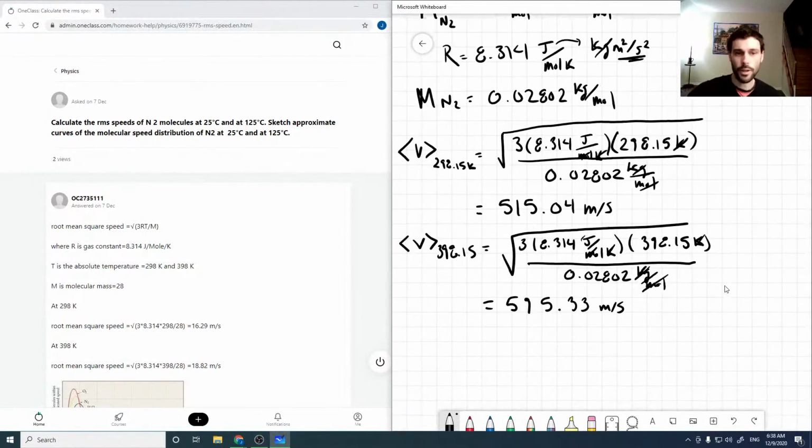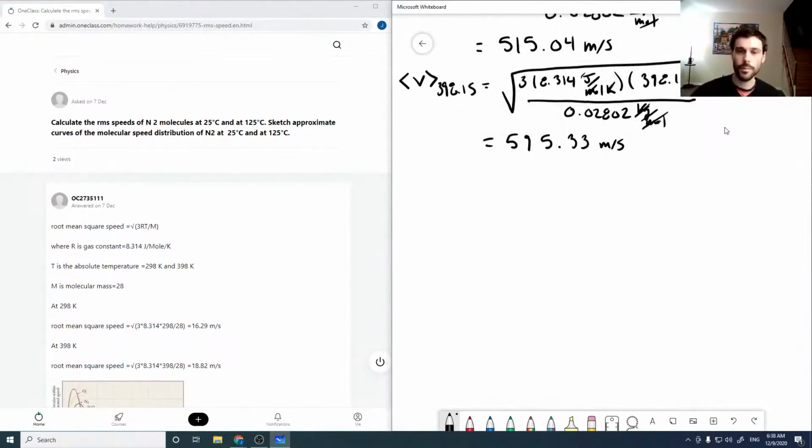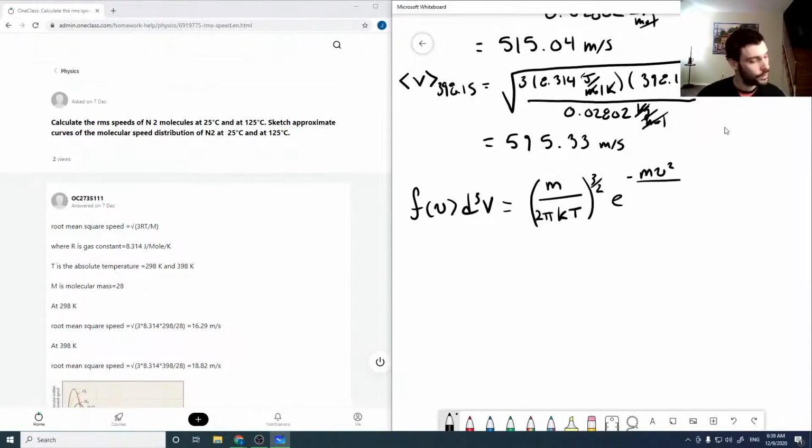So sketch approximate curves of the molecular speed distribution. So our speed distribution, which is not integrated, so it needs to be integrated to give us our actual speed. But this is the number of molecules at a given speed: the prefactor to the 3/2 times e to the minus m v squared over 2kT.